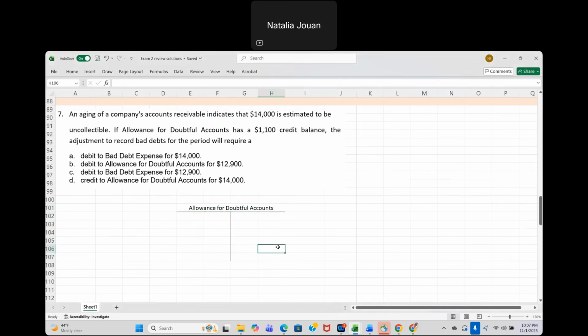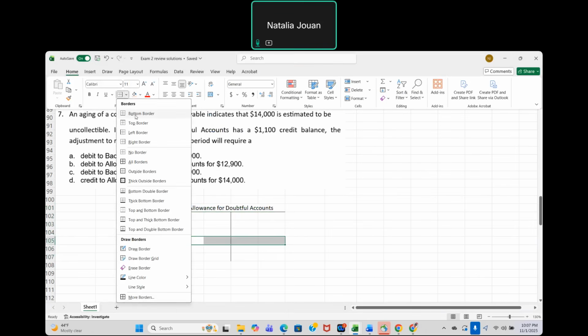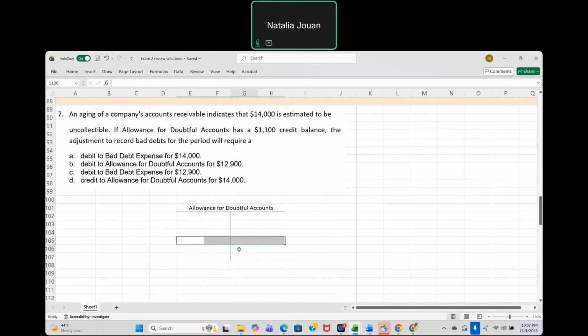So what is happening here? An aging of the company's accounts receivable indicates that 14,000 is estimated to be uncollectible. That means that the balance at the end of the period of your allowance for doubtful accounts should be 14,000, because this is what we're thinking we're not going to collect.